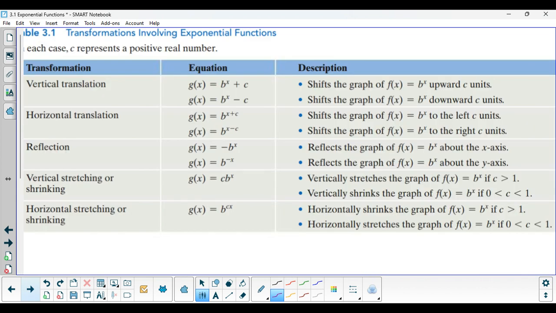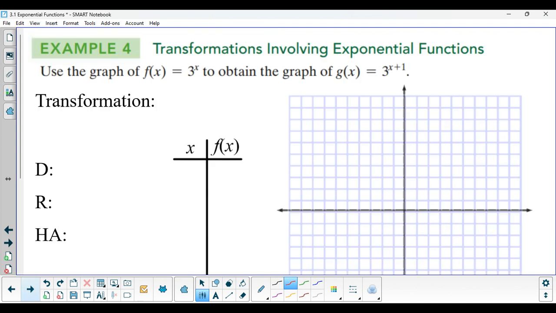Now this next piece is all about transformations. When we start throwing extra numbers or negative signs into the rest of the equation and the rest of the function, it's going to shift our graph a little bit and change the way it looks. So example 4 is going to show this.